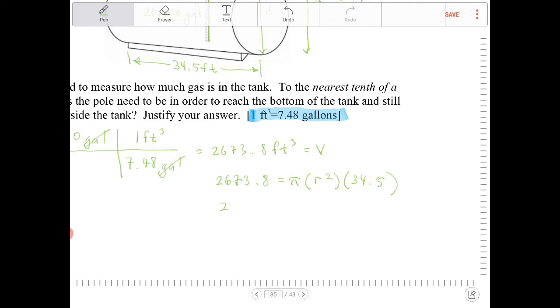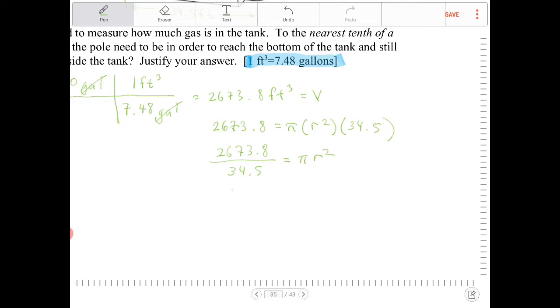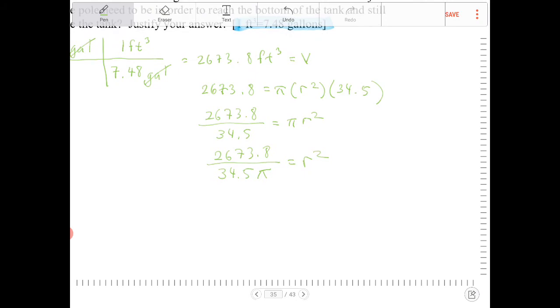2673.8 divided by 34.5 is equal to pi r squared. I'm going to divide both sides by pi, so I get 2673.8 over 34.5 pi is equal to r squared. Taking the square root of both sides, I get the square root of 2673.8 over 34.5 pi.